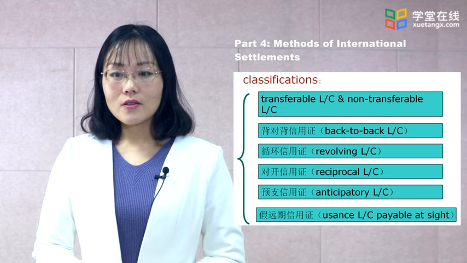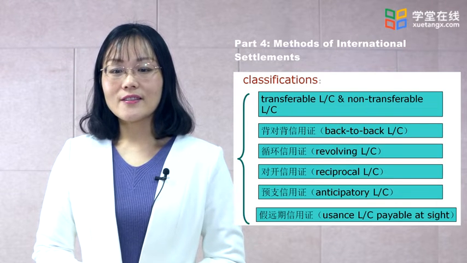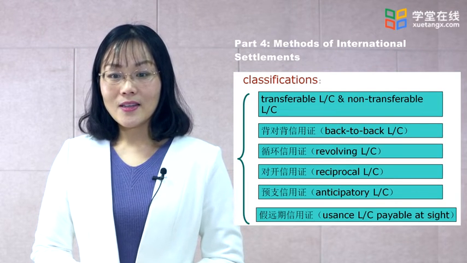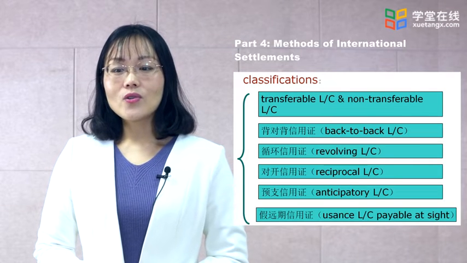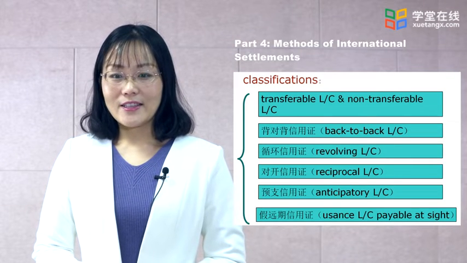The special clause was originally written in red ink to draw attention. It is also called Red Clause credit.